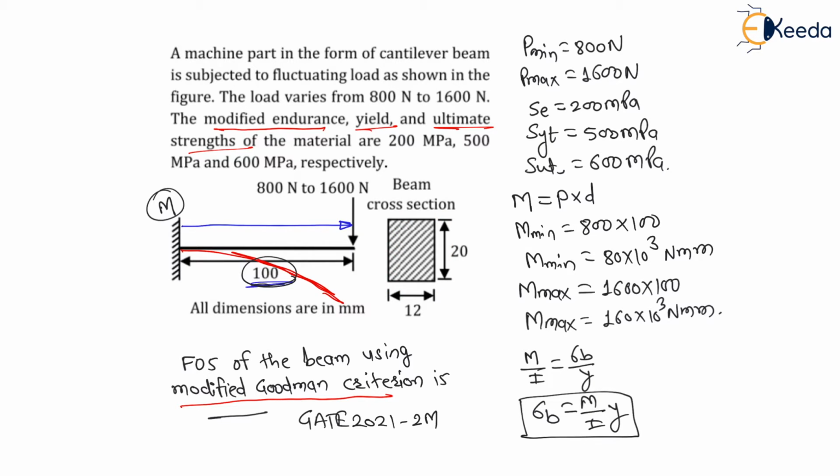From the center line, the vertical distance is y, and the total depth is 20, so y will be 10 mm. I is b d cube divided by 12, where b is the base and d is the height.